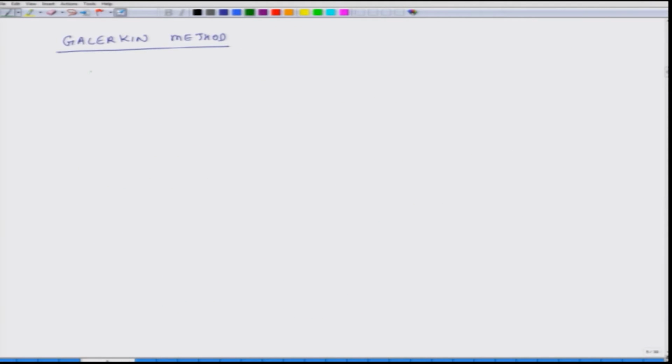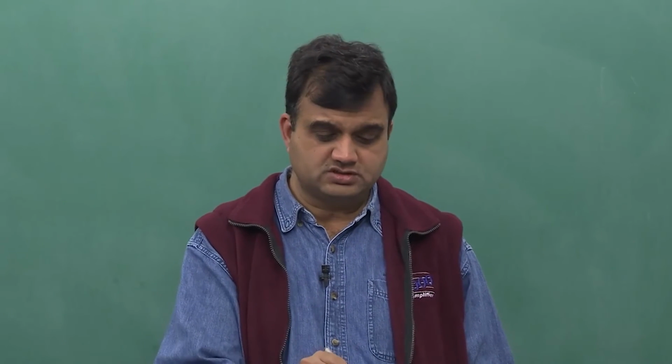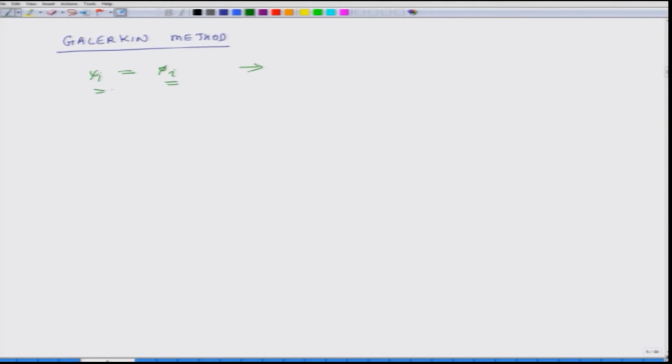Here we say that psi I should be equal to phi I. The good thing about this is that we do not have to guess a new set of functions. If we have figured out some functions phi I which meet all the natural and essential boundary conditions, we can use the same functions for weight functions.